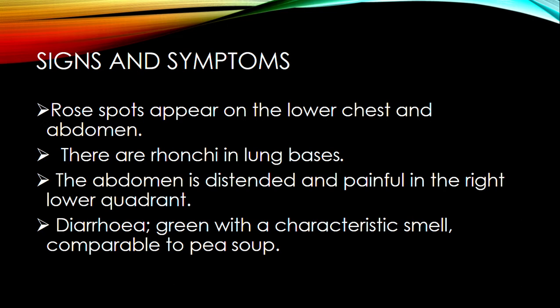The patient has abdominal pains located in the lower right quadrant. Then diarrhea may also be present, which can be green with a characteristic smell, comparable to pea soup stool.